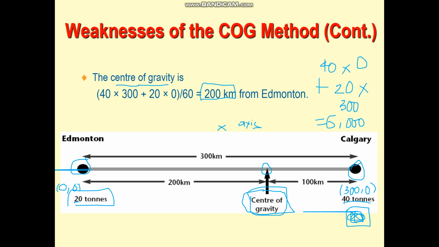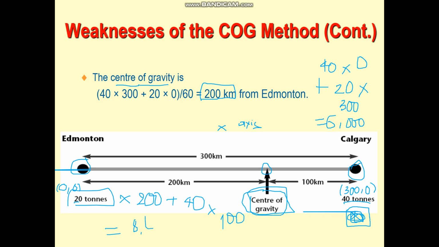However, when I locate the distribution center at the center of gravity, what is the distance I have to travel? That is 20 tons times 200 plus 40 tons times 100. Okay, so the total distance is 8,000.